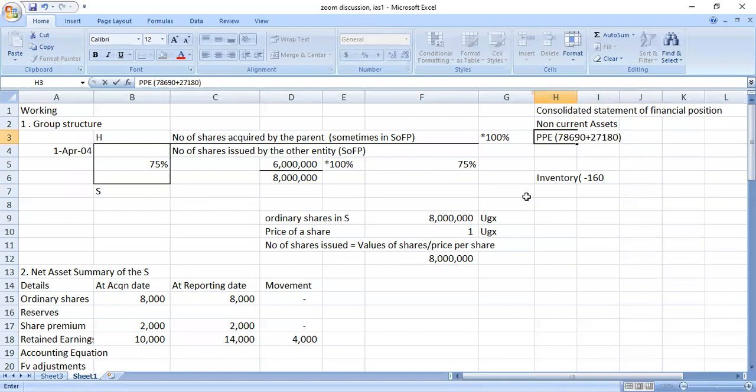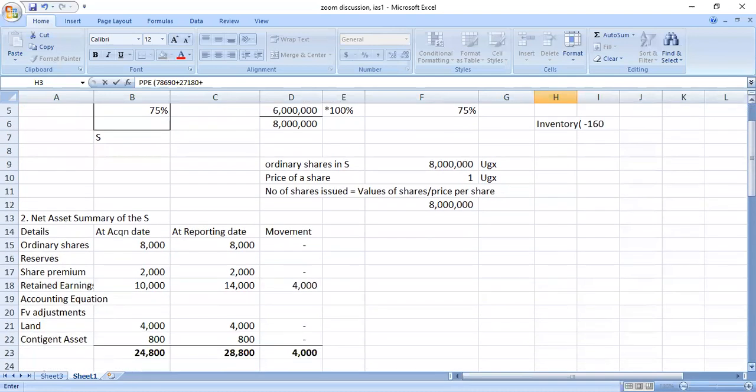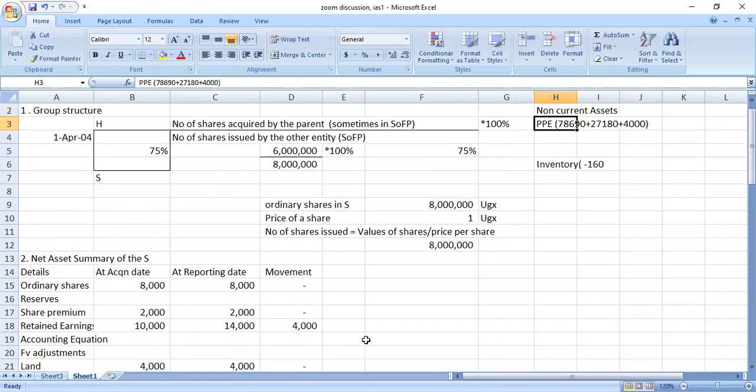Okay, we didn't have any adjustment. I think we had only one, the one of land. So we have land, which is valued at 4,000 here in working number 2. So it's plus 4,000. Okay. Then shall I see the total? Then we go to the next item, which is investment.